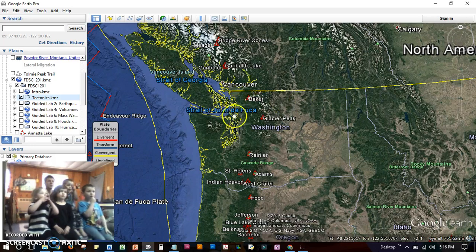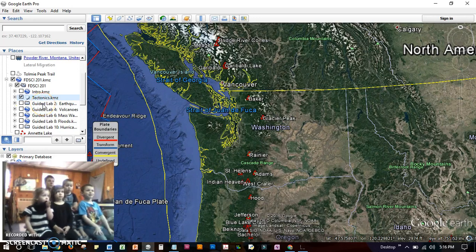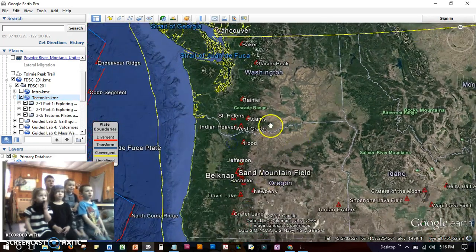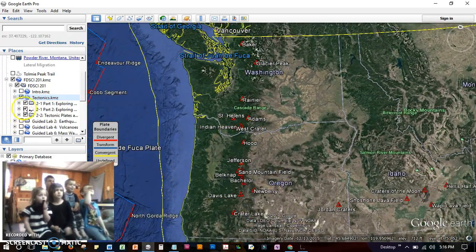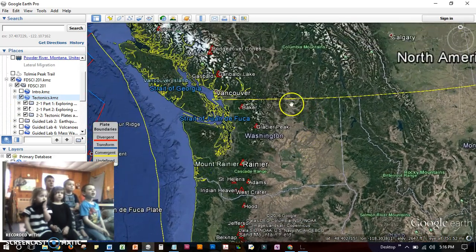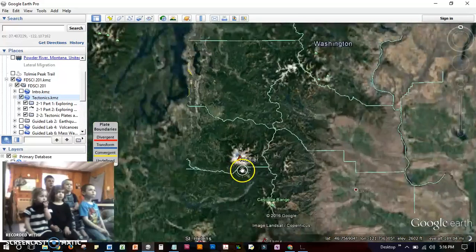Do you recognize that shape there? Oregon? No, Oregon is right down here. This one is Washington. That's right. So we live right over here, and look, here's Mount Rainier.